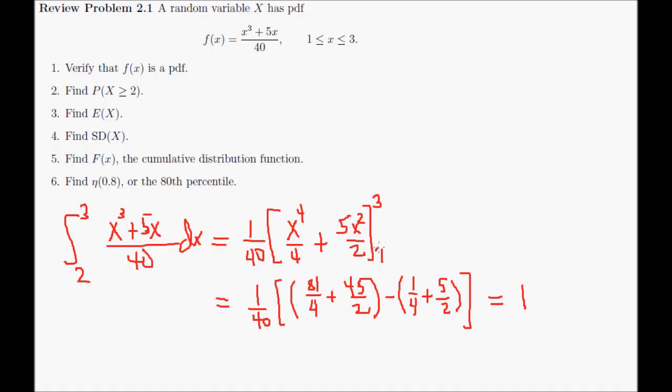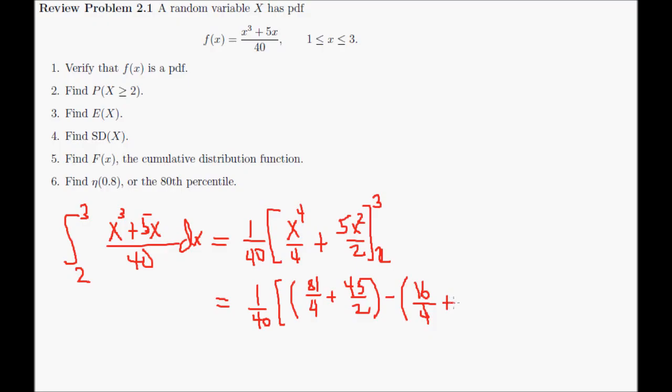And so I also would have a 2 here. And so the calculation will look very similar to what we just did, except I have to plug in 2 for my left endpoint instead of 1. So plugging in 3, I get the same answer as what I had before. Plugging in 2, I would get 2 to the 4th over 4, so 16 over 4.